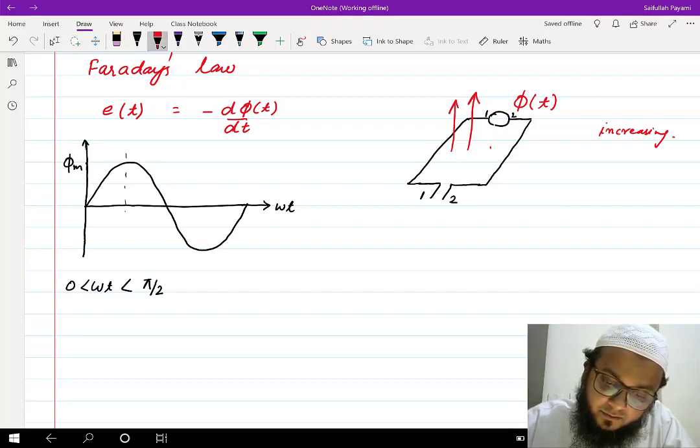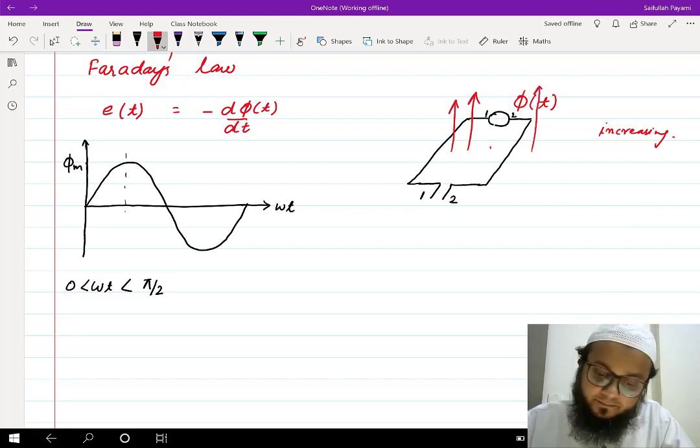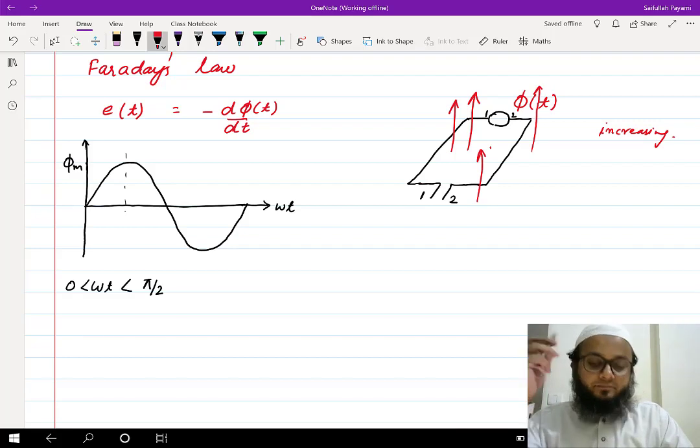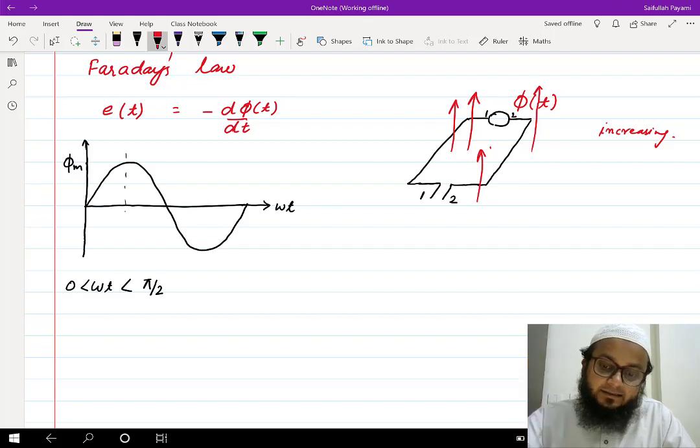Okay, so this flux is actually increasing in this direction, everywhere. Fine. So since this flux is increasing in this direction, for this voltage E12, I will say that this is positive.